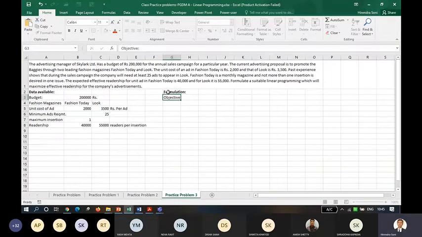That will help us in understanding exactly what we need. The objective is to maximize effective readership for the company's advertisement. Correct? So it should be able to reach the maximum people. With one insertion, it goes up to 40,000 readers of Fashion Today and 55,000 of Look. So my objective would be to maximize this value.